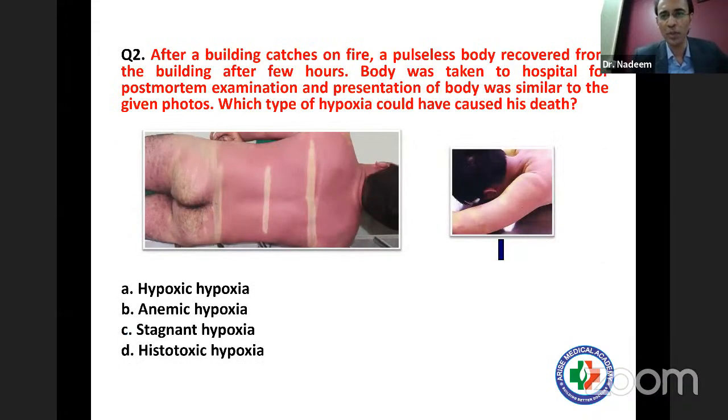Next question for you people. After a building catches on fire, a pulseless body is recovered from the building after a few hours. The body was taken to the hospital for post-mortem examination, and the presentation of the body was similar to the given photos. I have 2 photos. Which type of hypoxia could have caused his death?